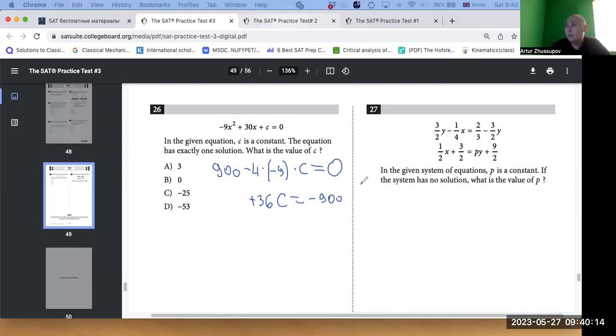So I take this 900, put it to the right side, and flip the sign. Then 900 divided by 36 is 25, so negative 25. So in order for the equation to have exactly one solution, c must be equal to negative 25. So this is answer choice C.